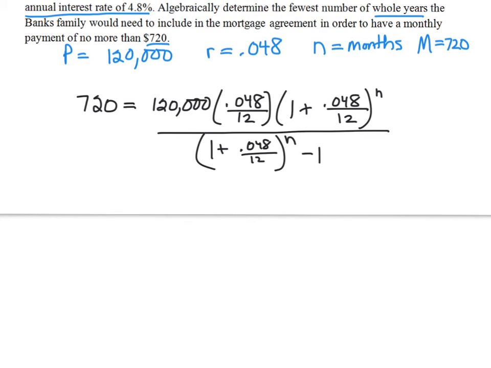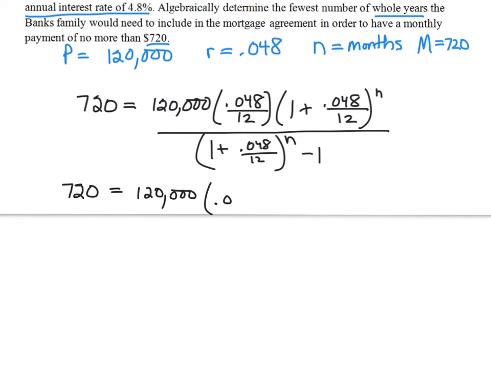Now I went to my graphing calculator, and the first thing that I did was divide 0.048 by 12. Notice that that shows up in 3 different places in my formula, so I'm going to go ahead and insert that. So I'm going to say 720 is equal to 120,000 multiplied by, when I did that division, I got 0.004.